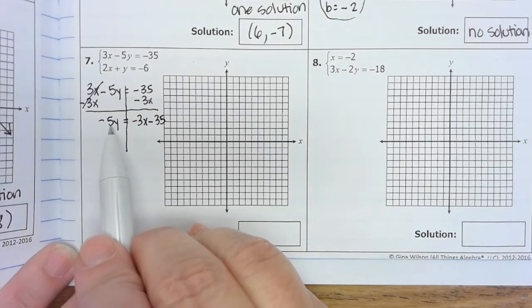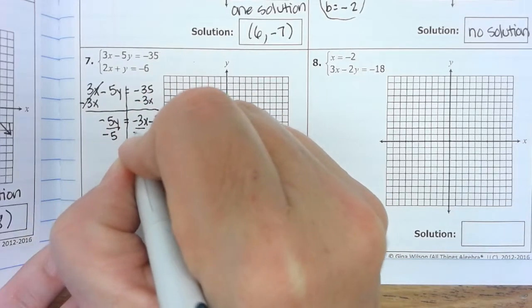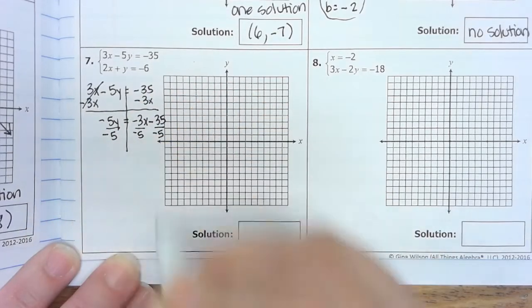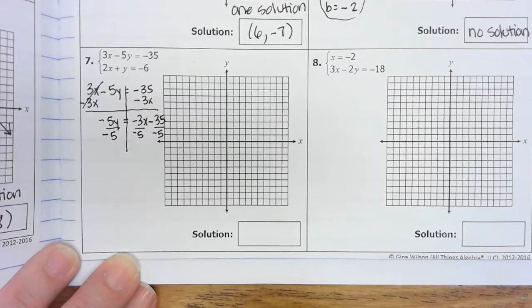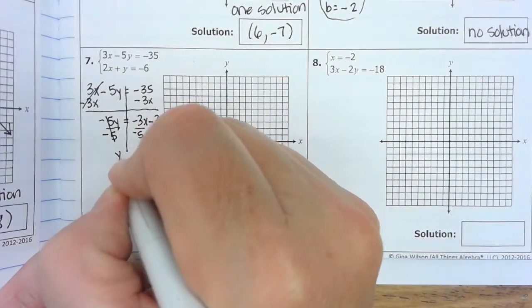In order to get rid of the negative 5, we're going to divide everything by negative 5, not positive 5, negative 5. These two make a positive 1, so that's 1y.